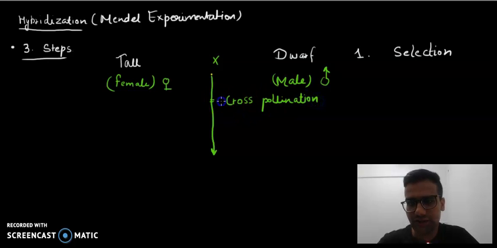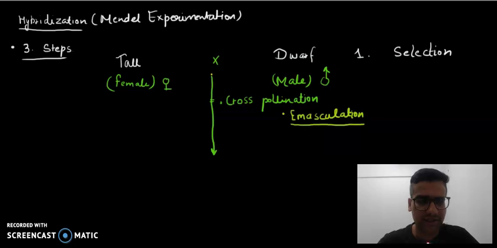To ensure strict cross pollination, he did emasculation, which is removal of the anther from the flower.